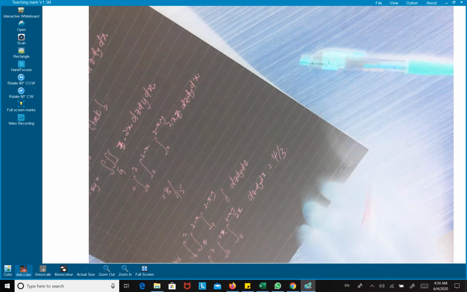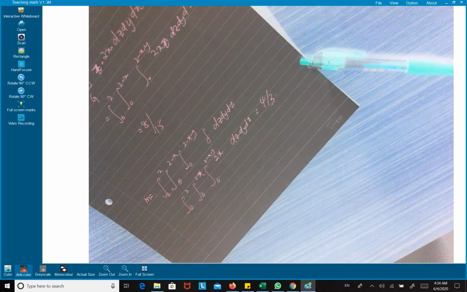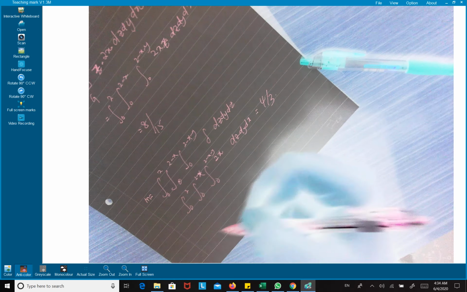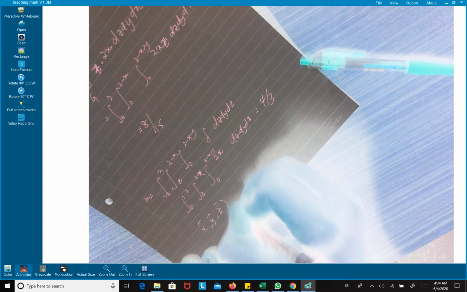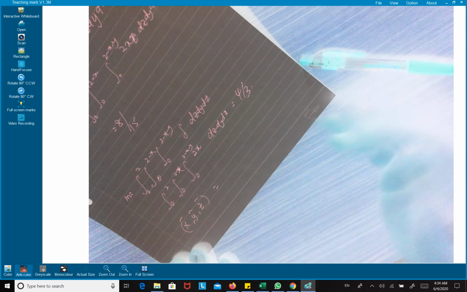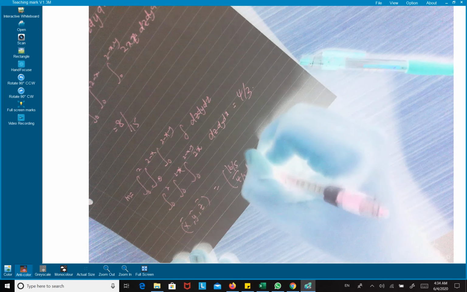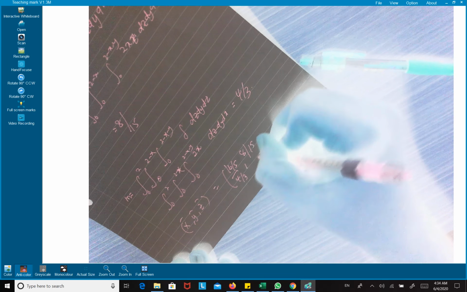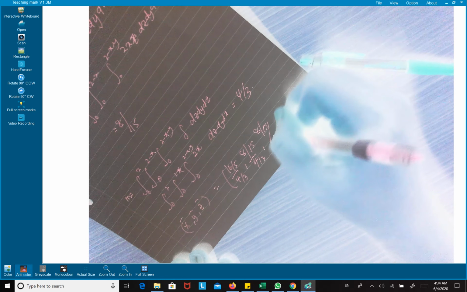So your center of mass, x bar, y bar, z bar, equals 16 over 5 over 4 over 3, 8 over 15 over 4 over 3, 8 over 15 over 4 over 3.